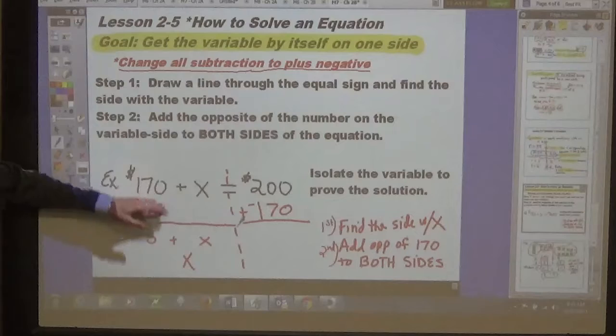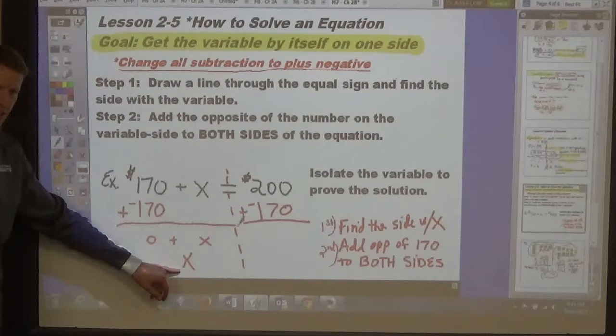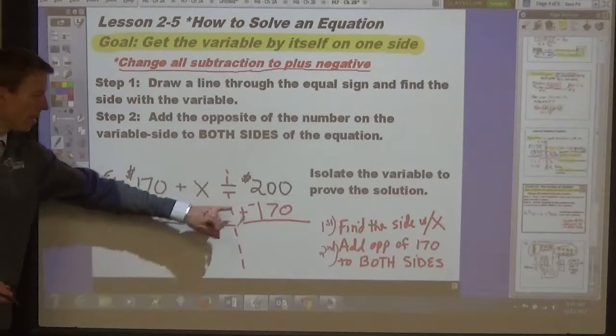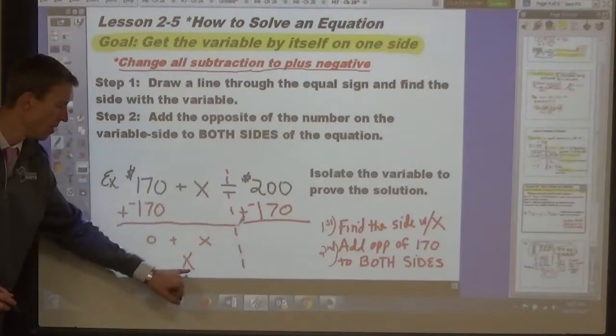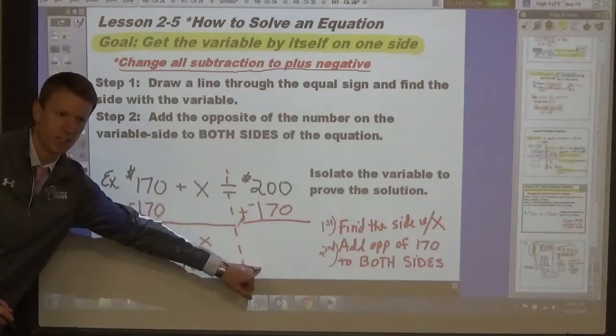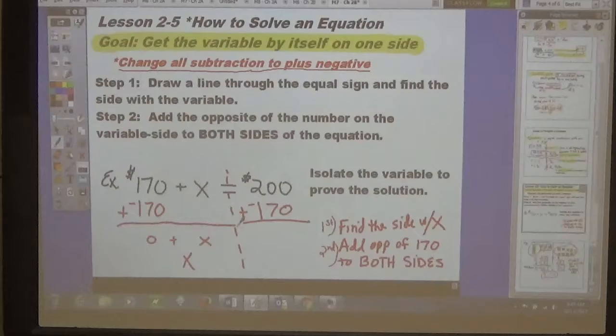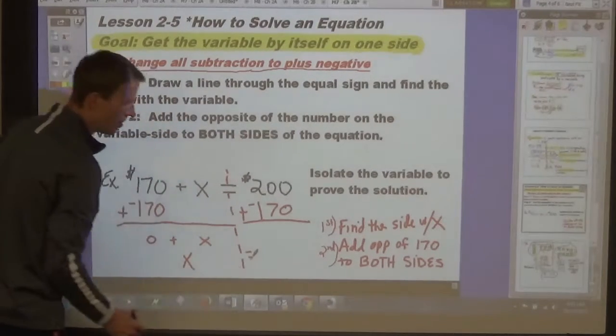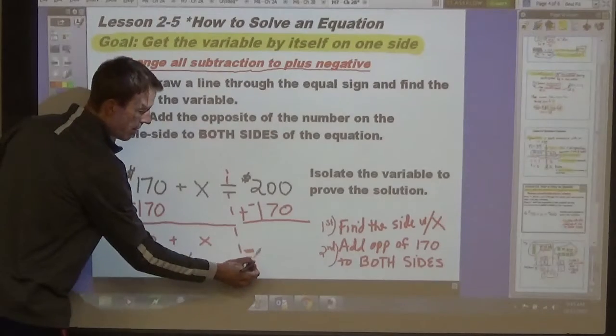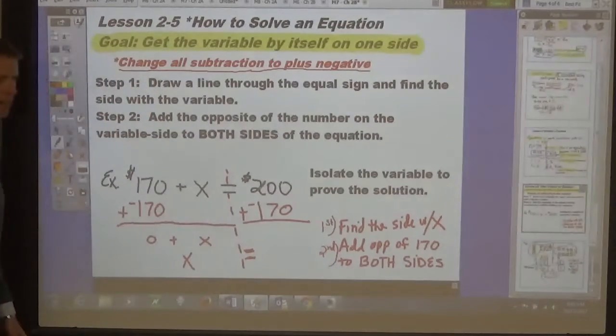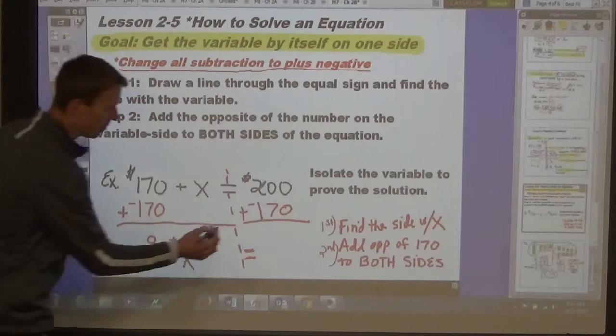So the first thing you do is isolate the variable, and then prove that this variable equals this number. So what is the solution then? So what is the answer to 200 minus or plus negative 170? 30.